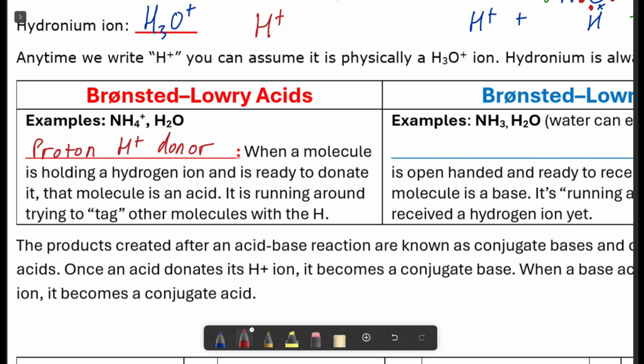So imagine it like a game of tag. Okay, here I've got a little hydrogen ion right here. Right now I am an acid. This is my proton. If I want to tag Caleb with it, he's it. He's now the acid. I'm no longer an acid because I don't have the H plus anymore. It's a big game of tag within the watery solution.